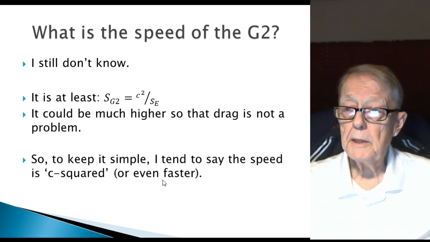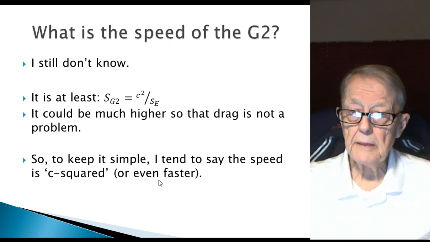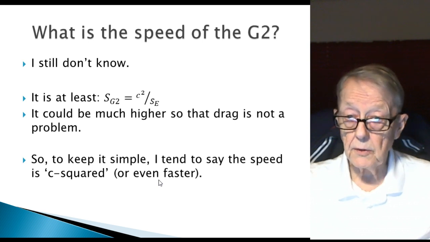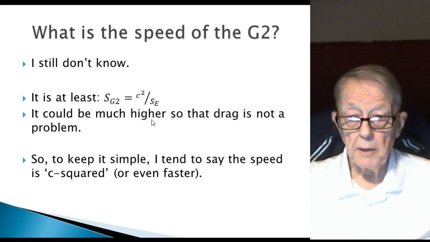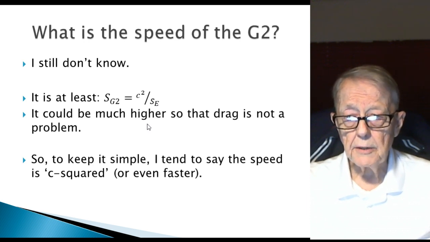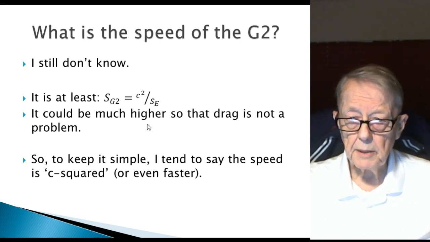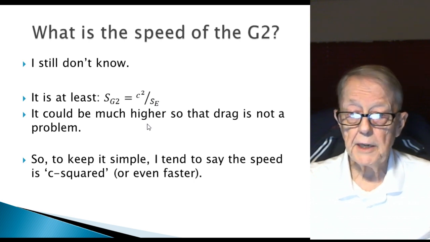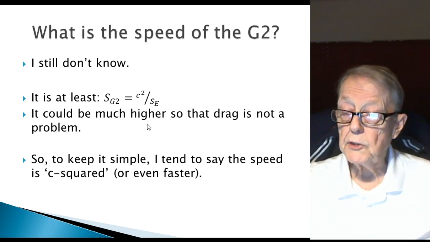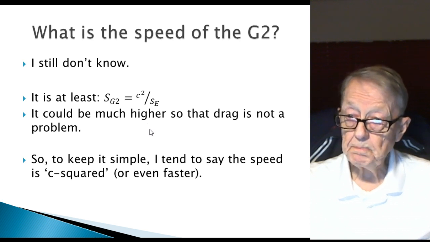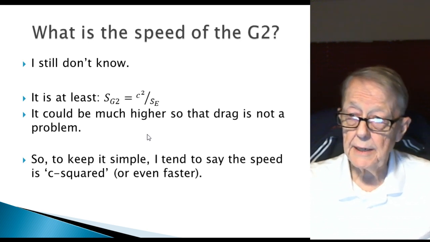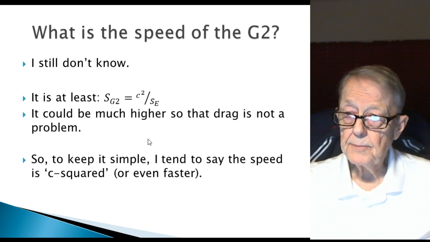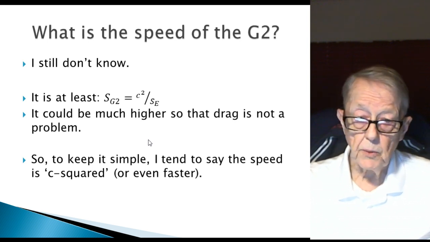So what is the speed of the G2? I still don't know. It's at least c squared over the speed of the Earth, or whatever you want to put here. But it probably is much higher, so that drag is not a problem. But to keep it simple, I tend to say that the speed of the G2 is c squared, or even faster, or at or about c squared, or nearly c squared.